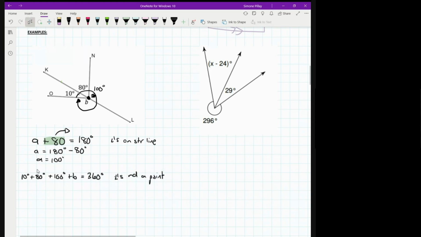And now we can solve. So let's add up first here. This is 10 plus 80 is 90, plus 100. So that's going to be 190 plus B equals 360. I want to get B by itself. So I need to move my 190 over to the other side. And when I do that, my sign changes. Somebody tell me what is 360 minus 190?